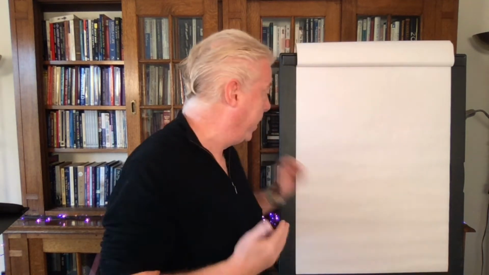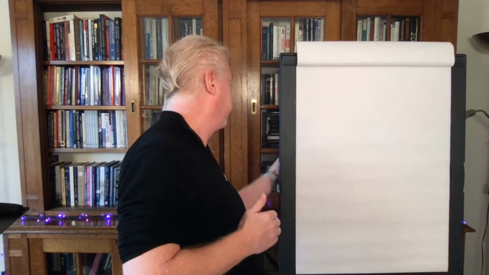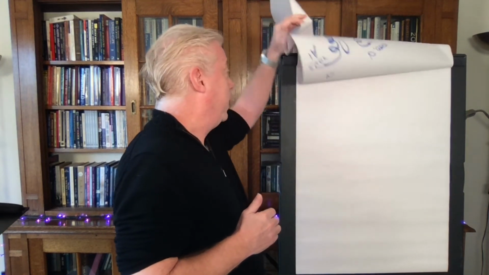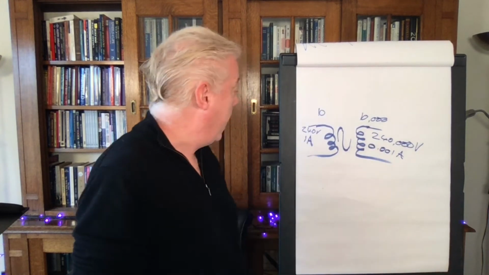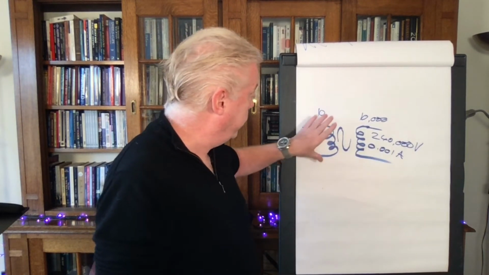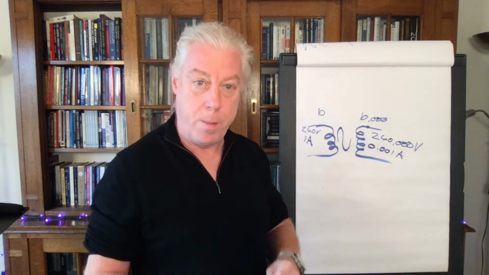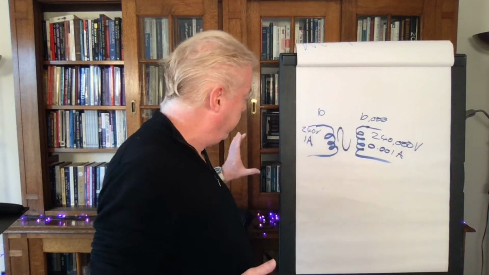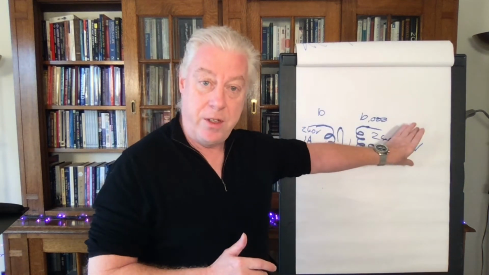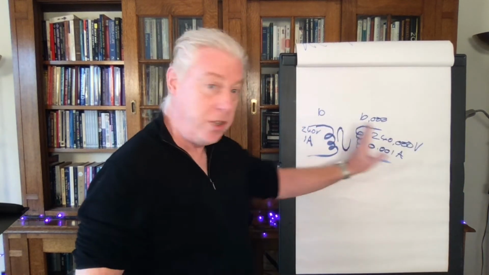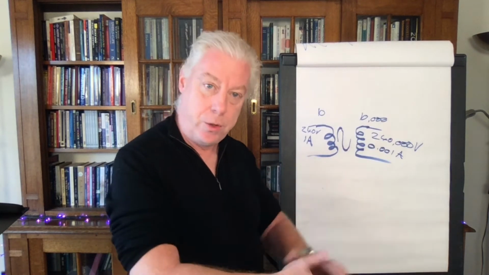So today what I want to talk about is, following on from what we were looking at yesterday, where we looked at the idea of induction and using two coils in a transformer. And as we said, when we put an AC current in this side, we'll get an AC current out the other side through induction, even though there's no electrical connection.